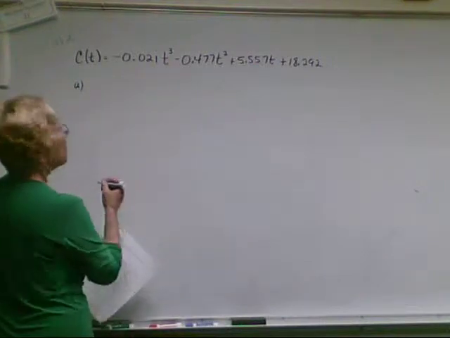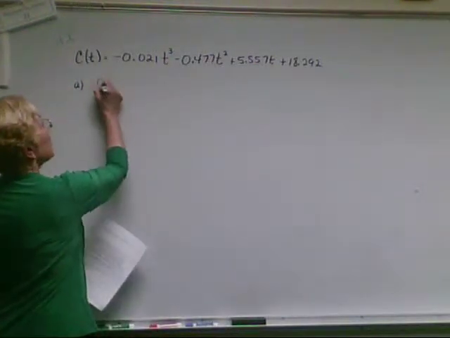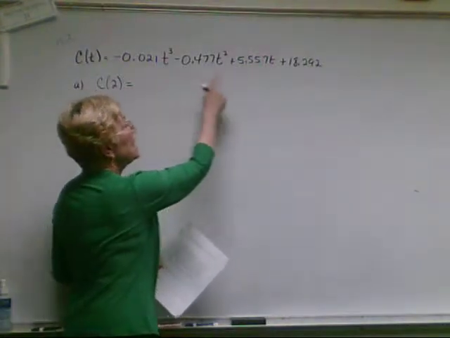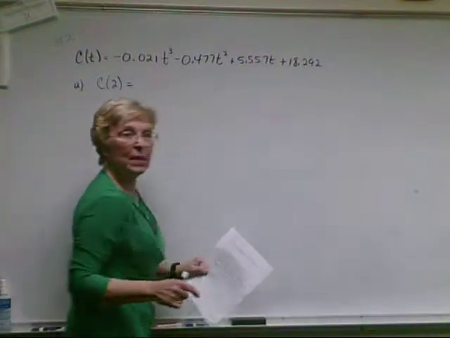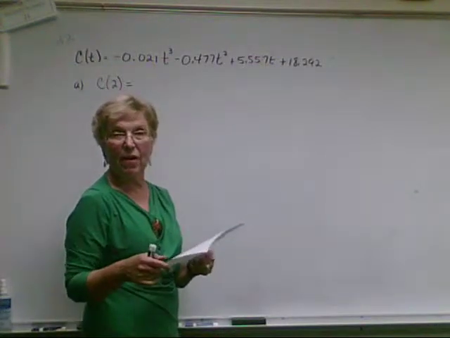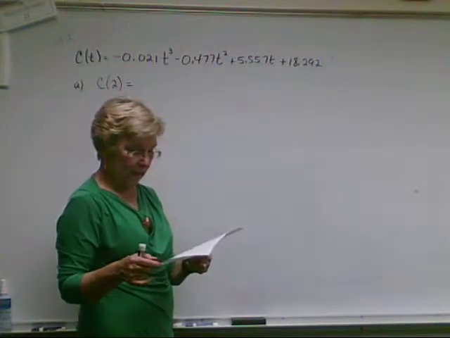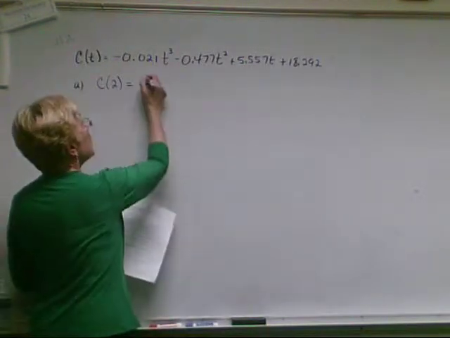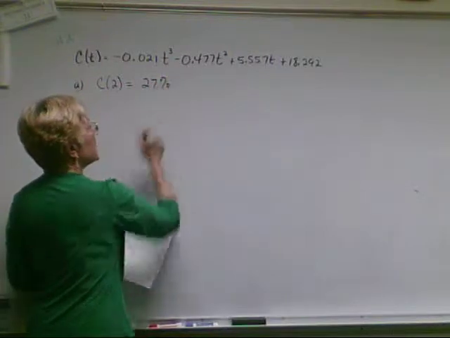2002, in the old version, which we're going to use, we're just going to simply evaluate C of 2. In every place we see the t, we're going to put in a 2. I'm not going to write that because I know you know how to do it, and it is on the hard copy on Canvas. And my answer came out to be about 27%.